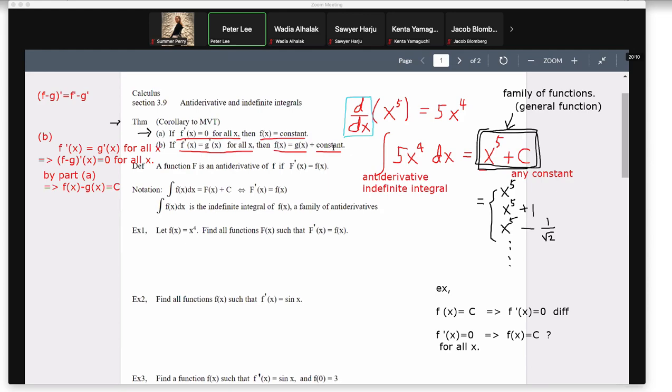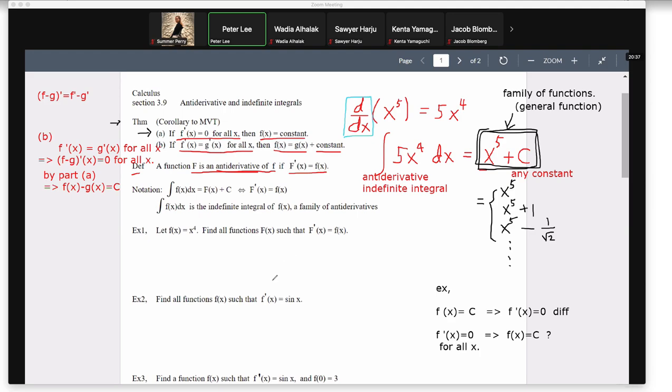Okay, so now let's look at the definition here. If function capital F is an antiderivative, so what do we mean by antiderivative? We say capital F is an antiderivative of function small f if capital F prime is equal to small f.